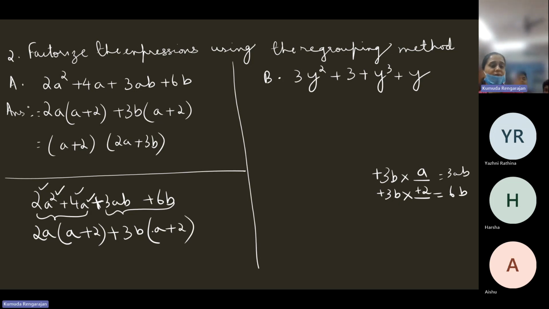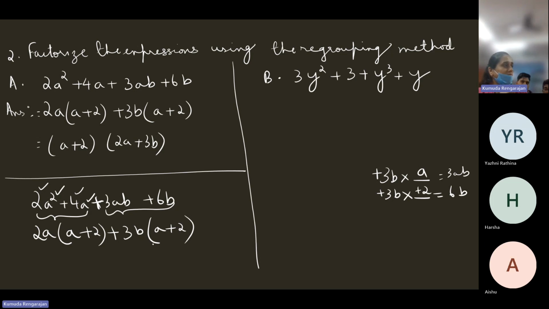That's all. Now a plus 2, a plus 2. In the bracket, you must have the same expression. If you don't have the same expression, either you were right but have gone wrong somewhere, or if you're right in working but in the brackets you don't have the same expression, that means you must go back to the question and rearrange the terms.